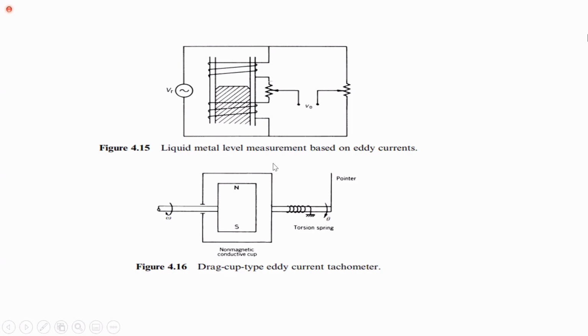So if the liquid level is increasing in the tank, we will get variation in the eddy currents because that metallic liquid will act as a current carrying conductor so that it will create disturbances in the magnetic flux.